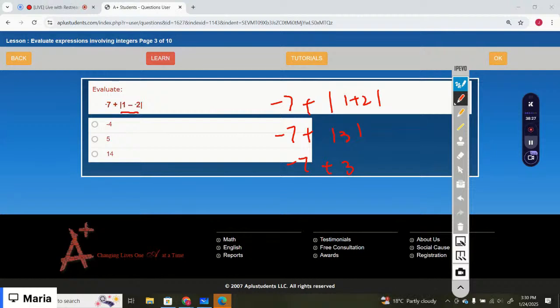So negative 7 plus 3 equals negative 4. Option number 1 is the correct option. Very good.